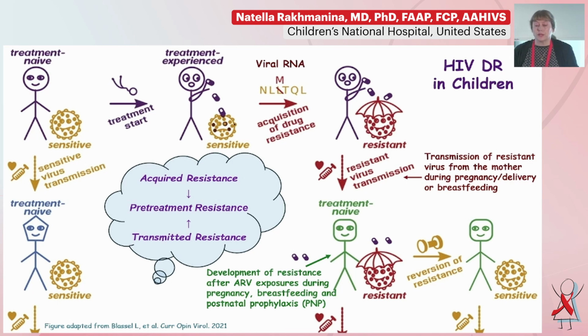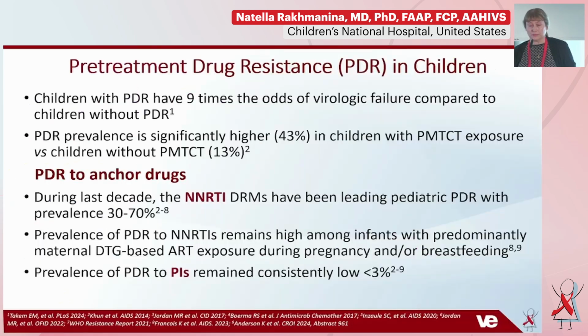This is called treatment-acquired resistance, and this is development of resistance after exposure to maternal ARVs during pregnancy, breastfeeding, or exposure to postnatal neonatal prophylaxis, or PNP. Therefore, the pretreatment resistance in children can be acquired. But there is another mechanism for pretreatment resistance in children, and that one is driven by the transmission of the resistant virus from the mother to the child during pregnancy, delivery, or breastfeeding.